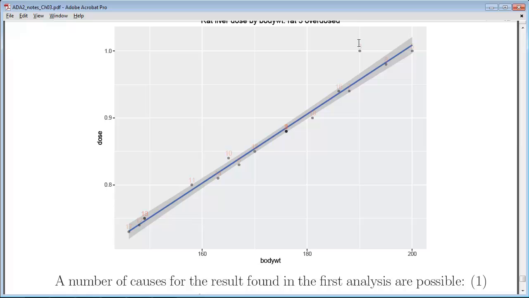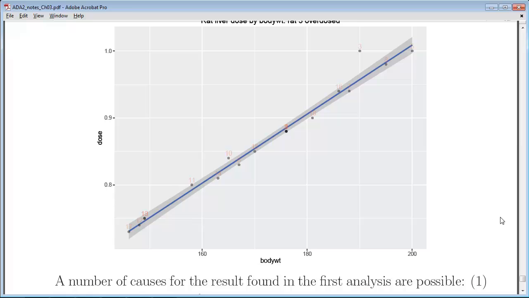So what happened? Either we measured the body weight wrong initially, and so we gave too much of a dose because of that. Second is maybe we had a dose that just was accidentally too strong. Maybe we accidentally recorded the dose, right? That dose should definitely be down here.